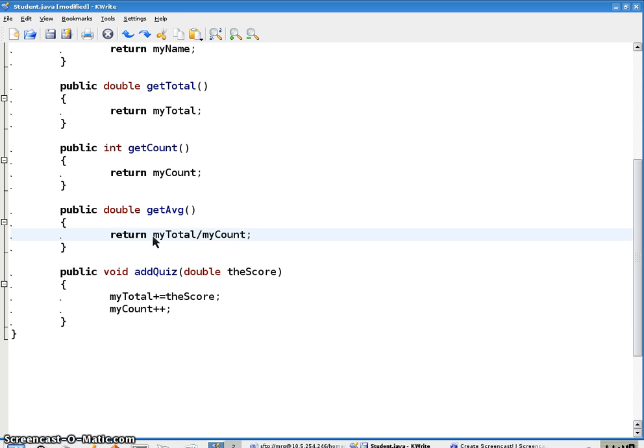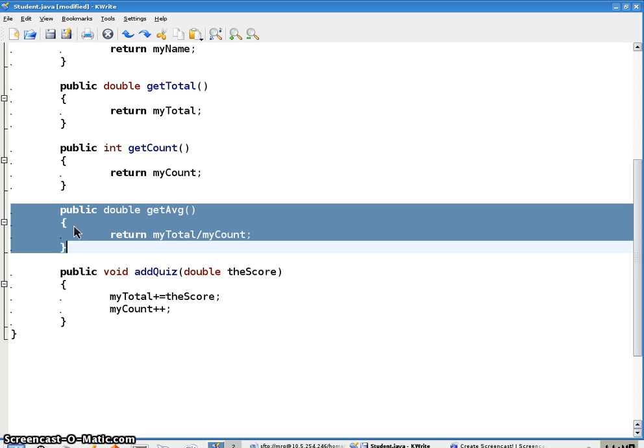Since I already have the naughty bits, my total and my count, whenever I need an average, I'm just going to divide it out. I don't need another naughty bit for that. You want to do that? You could, I guess. But then this wouldn't be an accessor. This would be a hybrid method. It would change my average, so that's mutating, and it would return stuff, so that's accessing. It's doing both. That's weird.